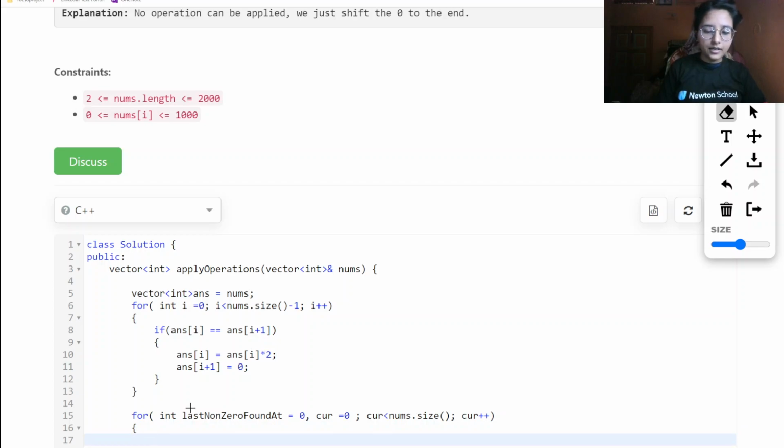And now we will be checking if the answer of current is not equal to 0.